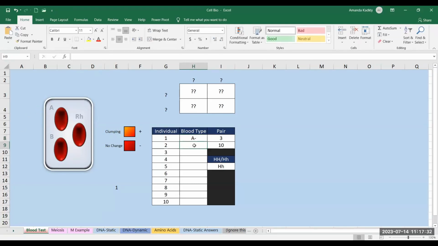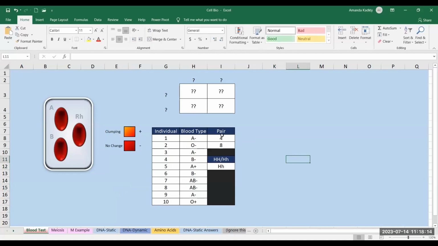Now this person here is O negative, another A negative person, B negative, A positive, B negative, AB negative, another AB negative, A negative, O positive. So now I have my 10 blood types, and this random pair will be matched together.